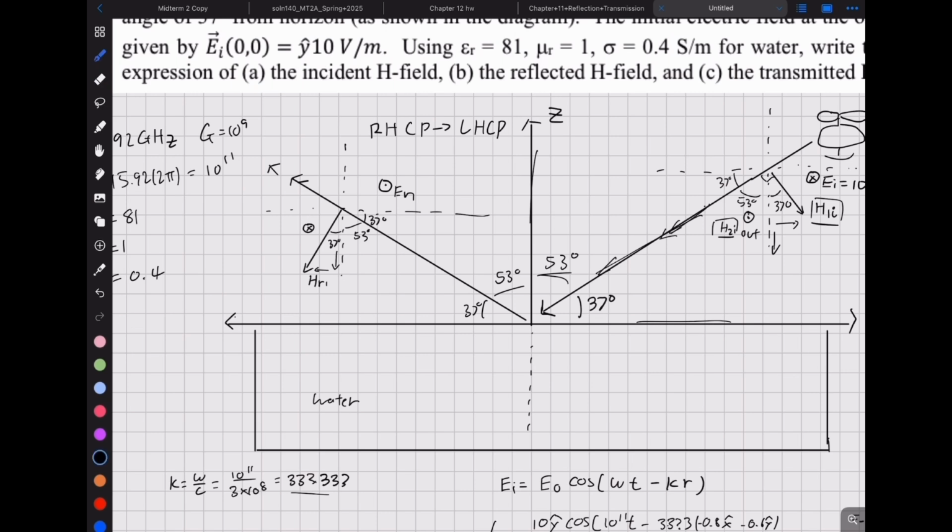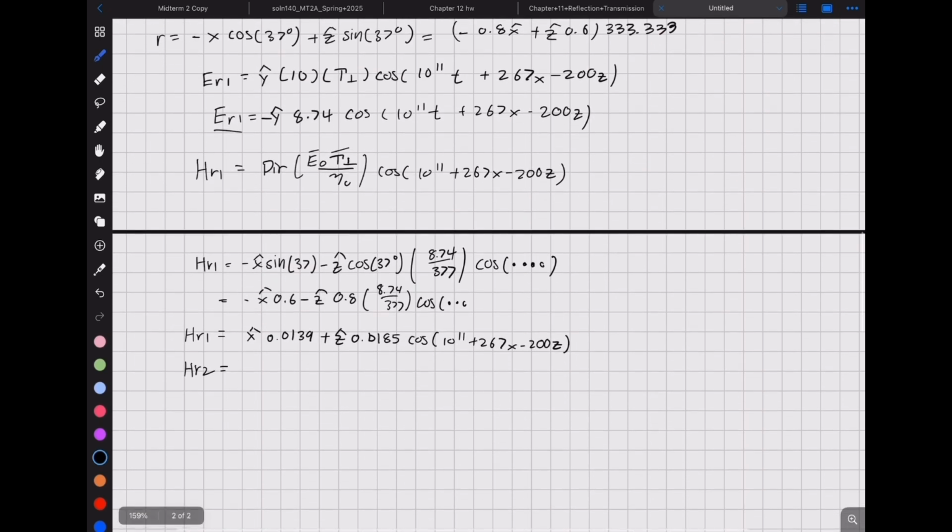So our HR2 is calculated using the direction, eta naught, gamma, 377 sine 10 to the 11 t plus 267x minus 200z.